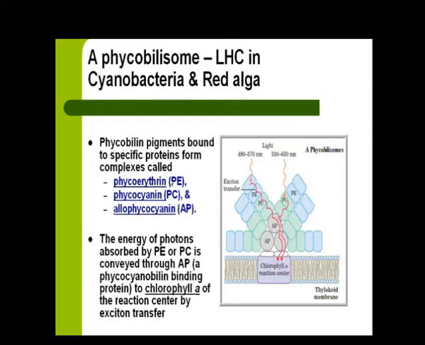The energy of photons absorbed by phycoerythrin or phycocyanin is conveyed through an allophycocyanin, a phycocyanobilin binding protein, to chlorophyll A of the reaction center by exciton transfer. Exciton transfer is nothing but the excess of energy which is transferred to the next molecule.